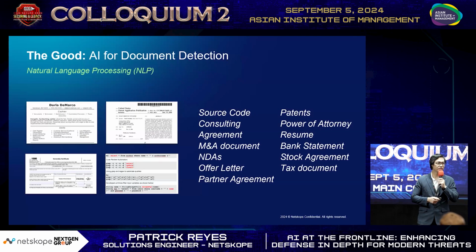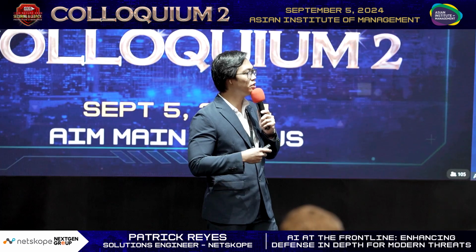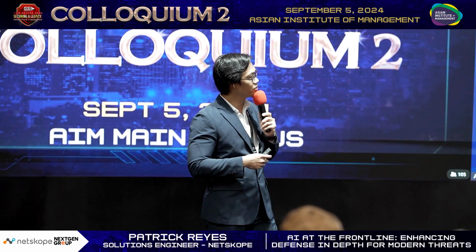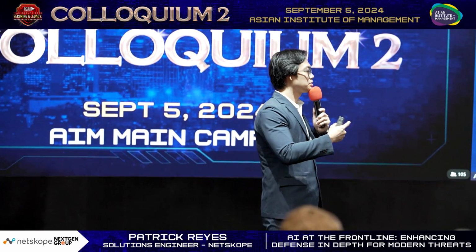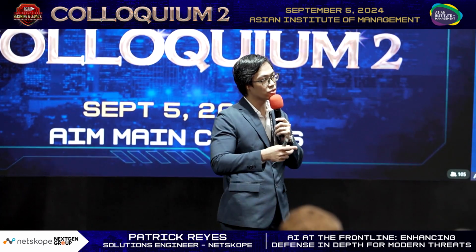And we can also use AI for detecting sensitive documents. So it doesn't stop at detecting sensitive images, but also documents. So these are the different use cases that we've had. We have several machine learning classifiers to effectively detect if there's any leakage to websites or anything uploaded to cloud storage.